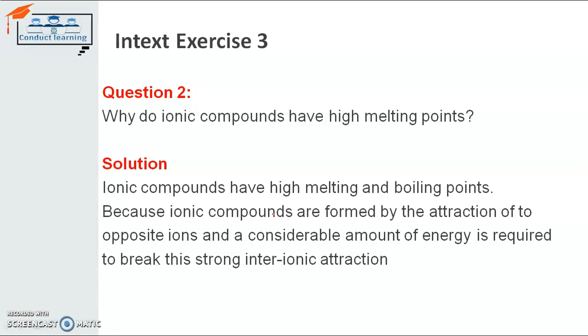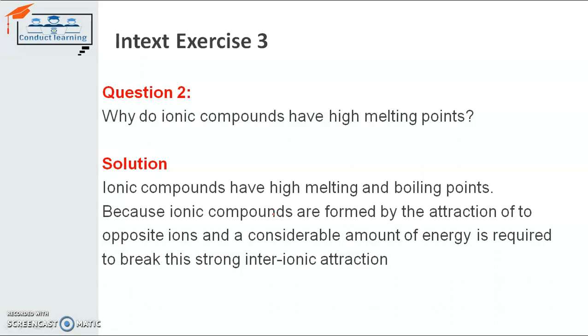Either one element will be positive and give the electron, or another element will be negative and take the electrons. So they form ions. One element will be a cation, the other element will be an anion. That's why the bond between them is the ionic bond.